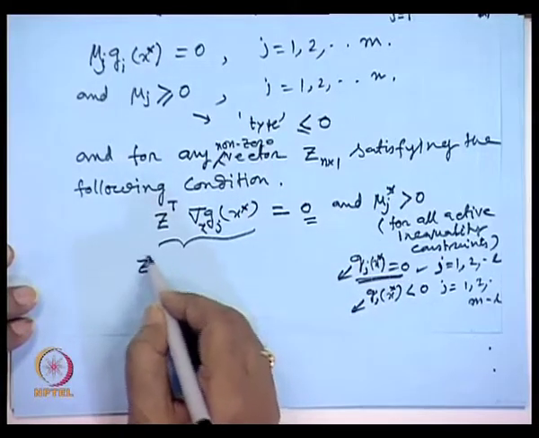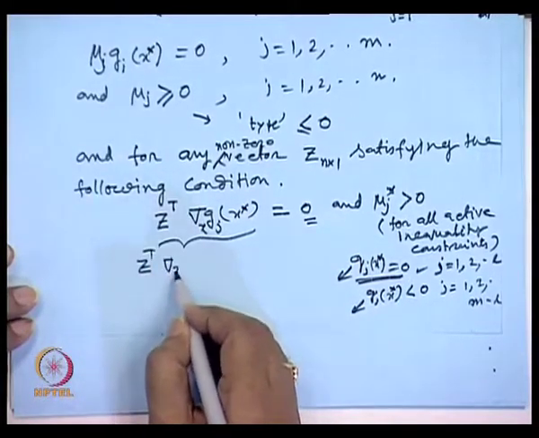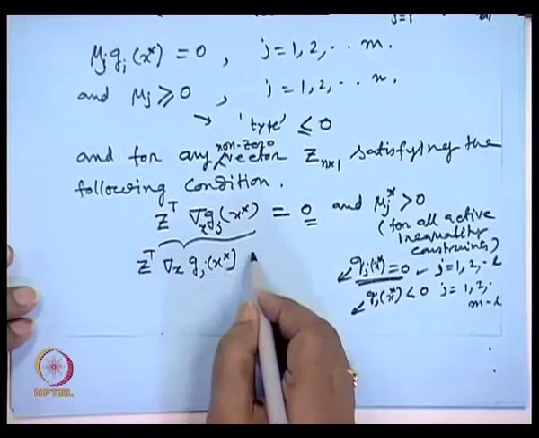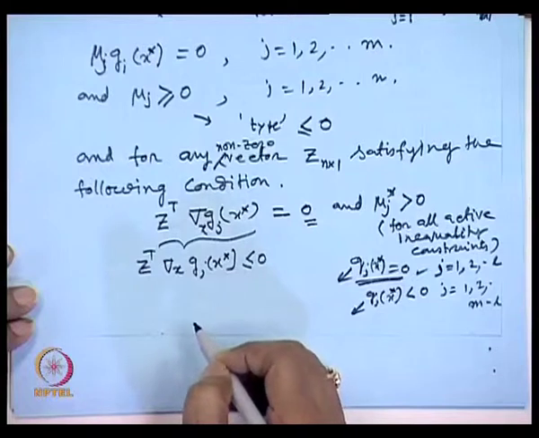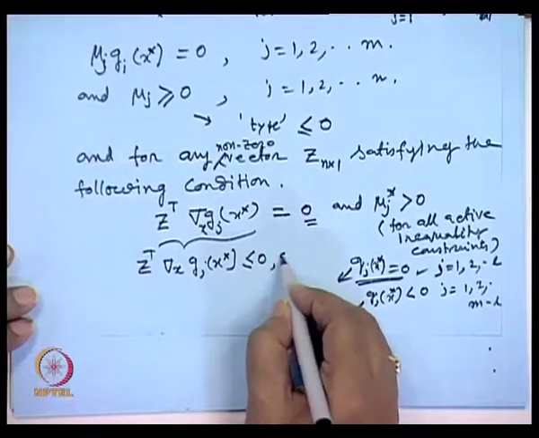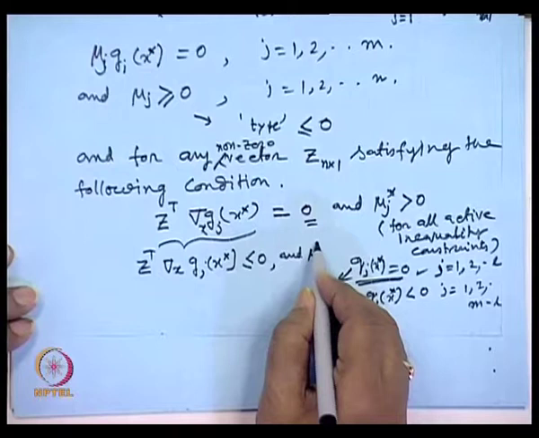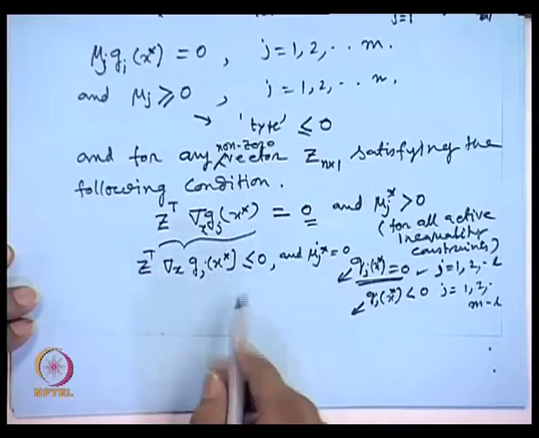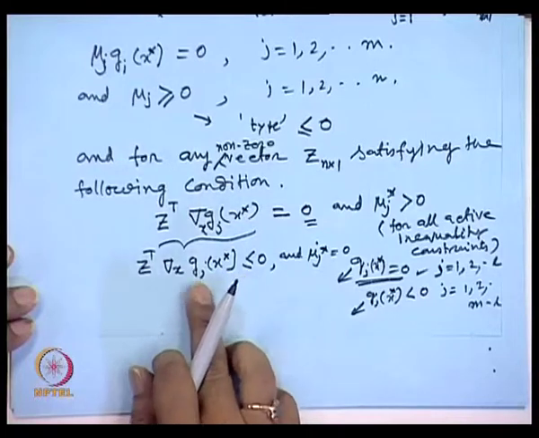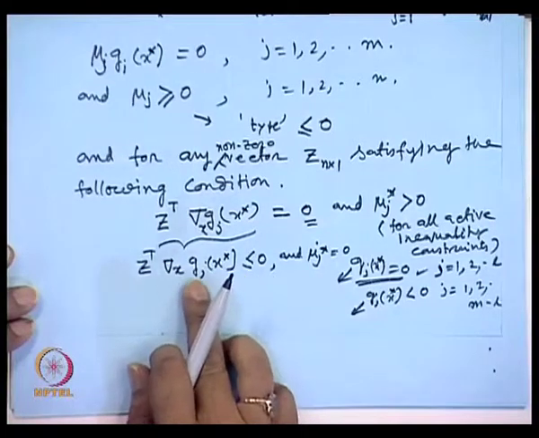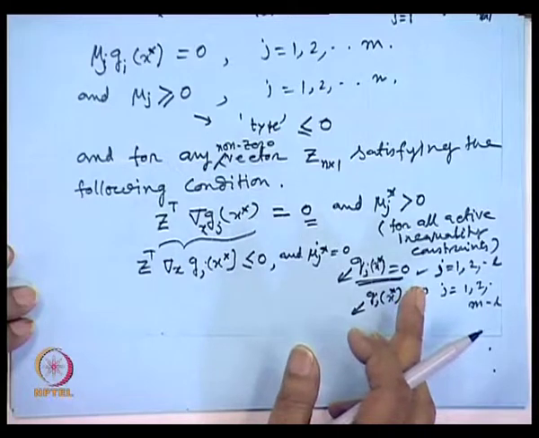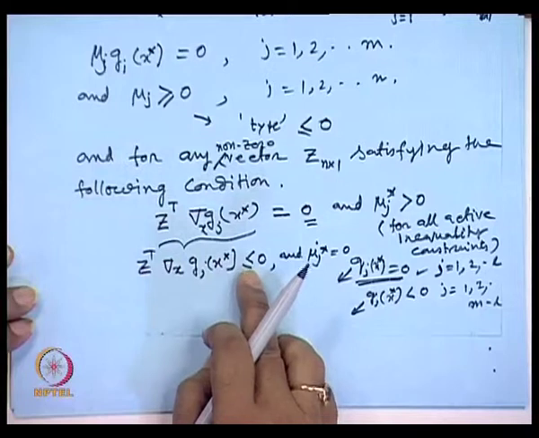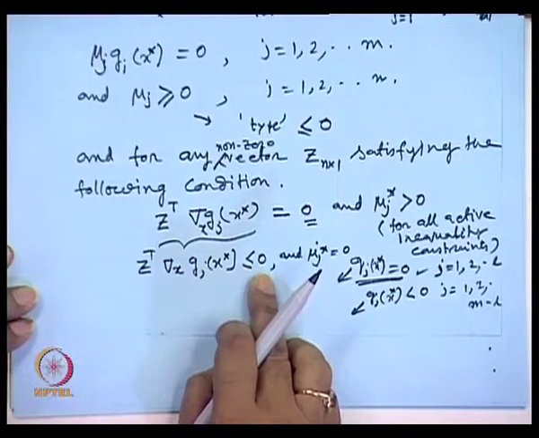Next is z transpose gradient of g_j of x star is less than or equal to 0, when mu_j star is equal to 0. So for this constraint, when mu_j is zero, g_j is an inactive constraint, and at that condition this quantity will be less than or equal to 0.